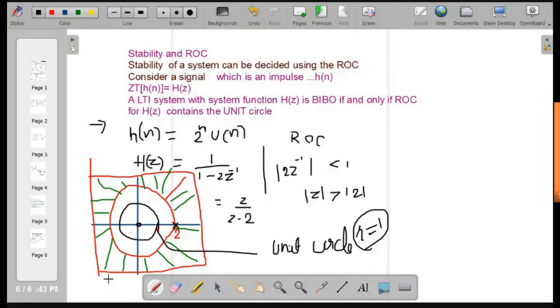Now can you tell me if this is stable or unstable? Is this unit circle in the ROC? It is not in the ROC.